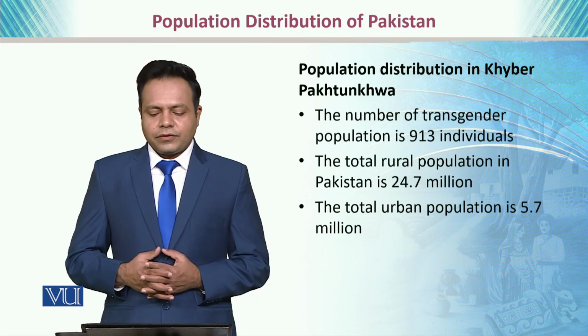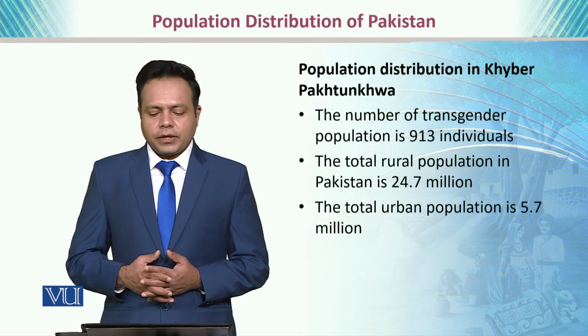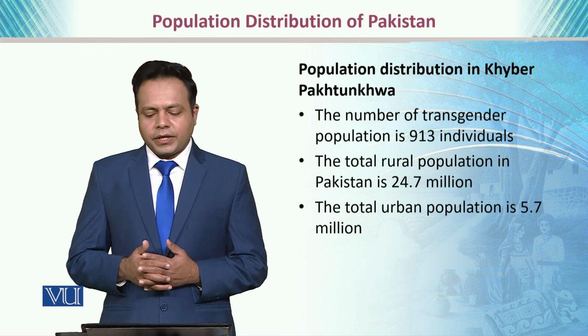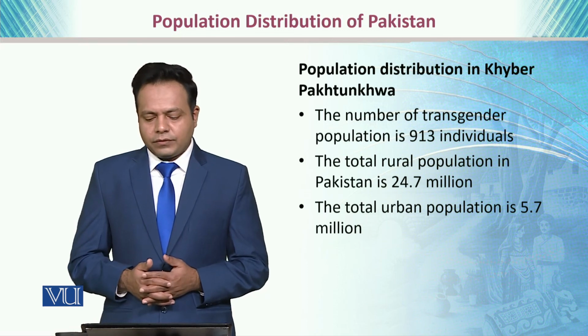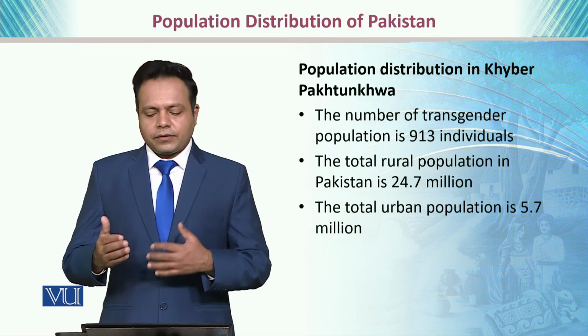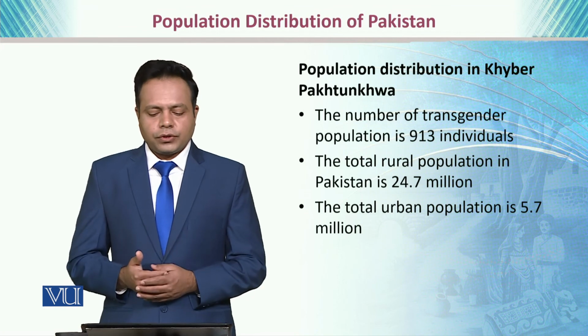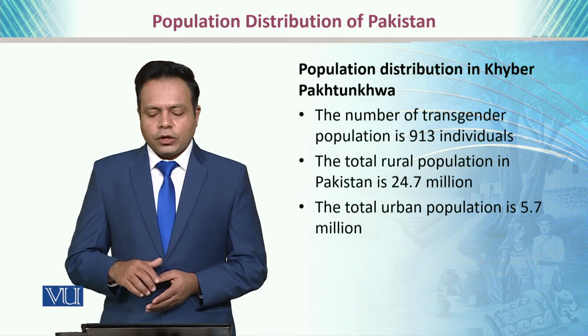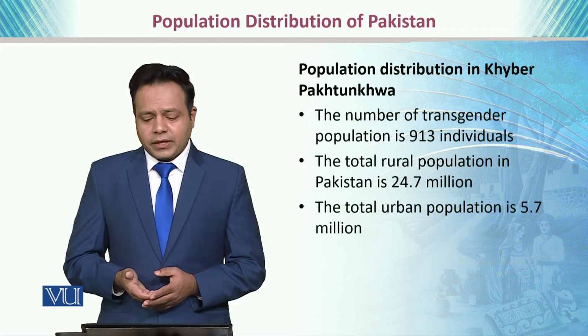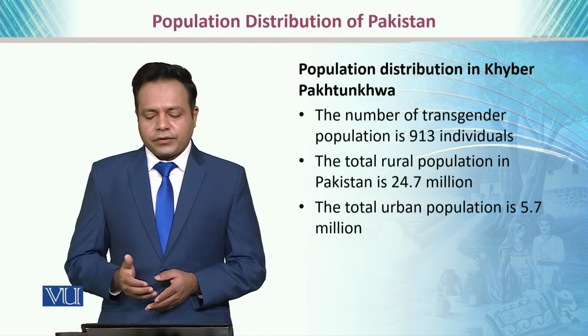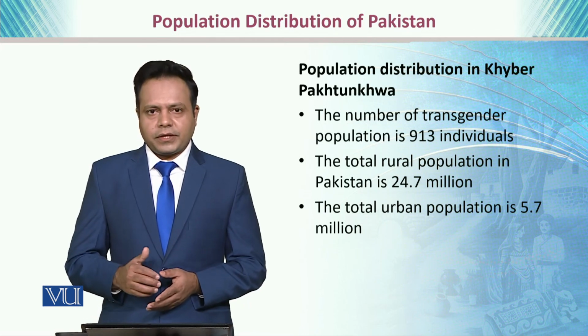The transgender population in KP is calculated to be 913 individuals, whereas the rural-urban distribution of population is 24.7 million and 5.7 million respectively.